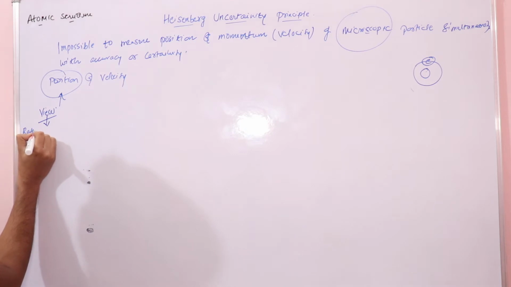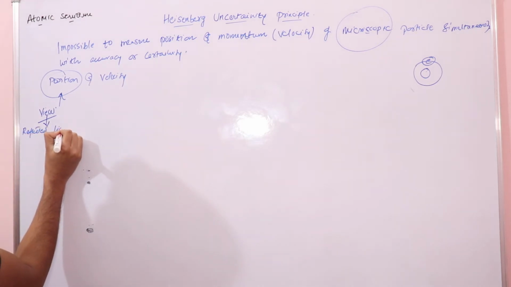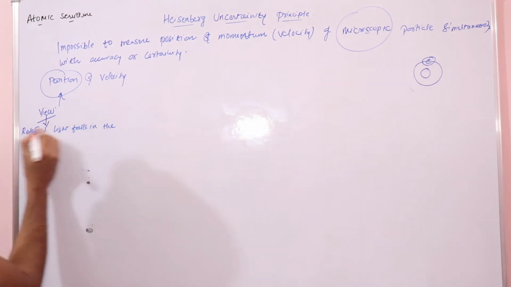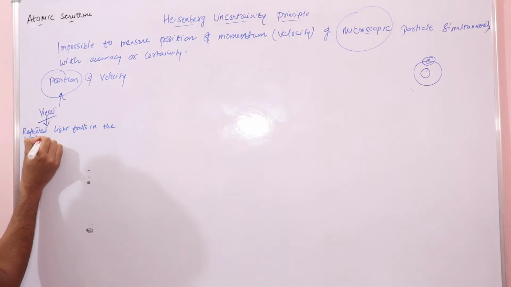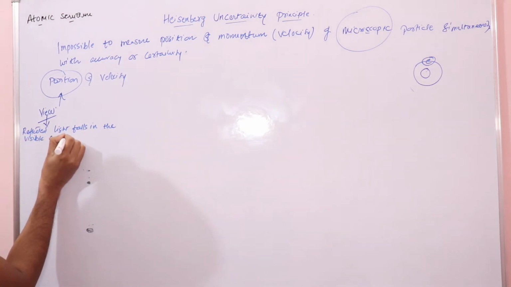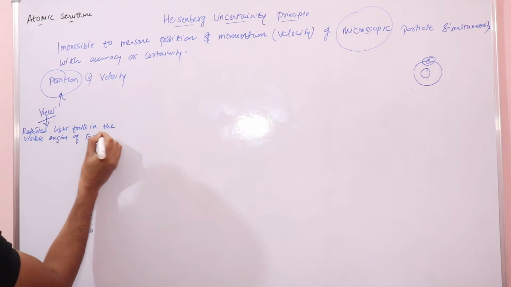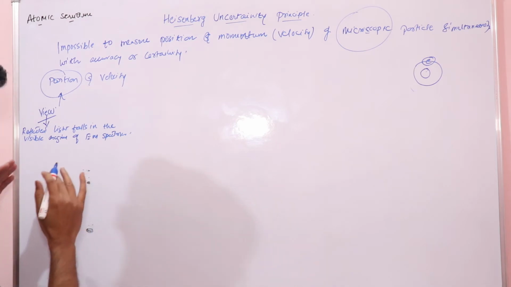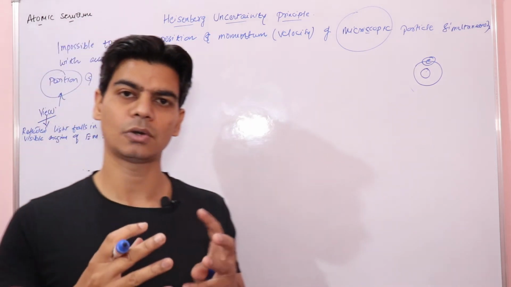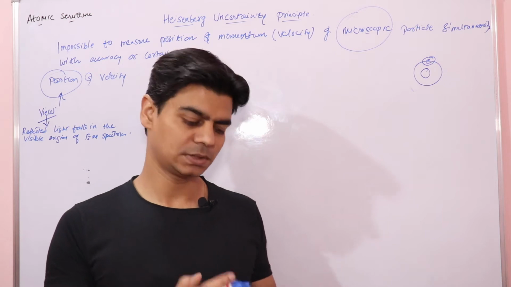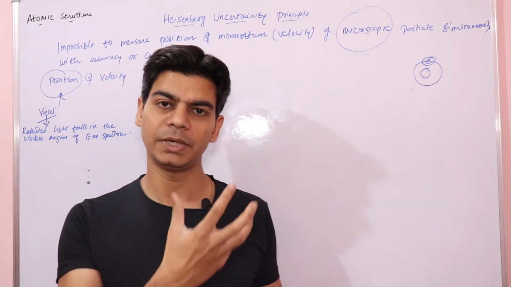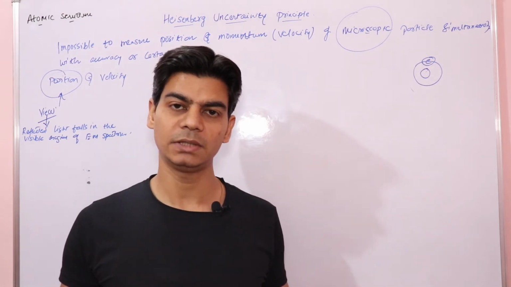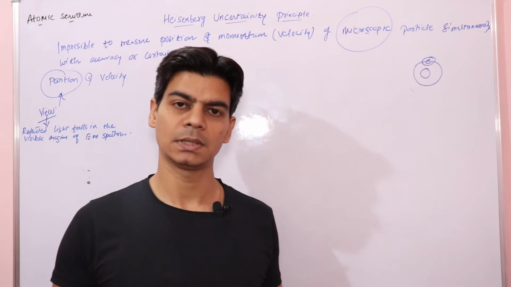We write it as reflected light falls in the visible region of electromagnetic spectrum. We have done electromagnetic spectrum before. It is the arrangement of radiations of different wavelength in an order.